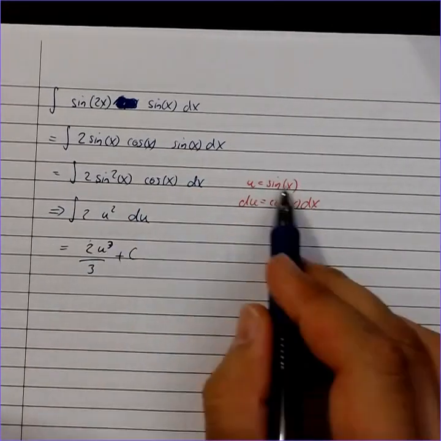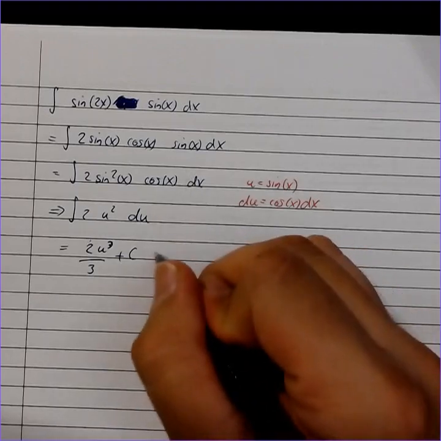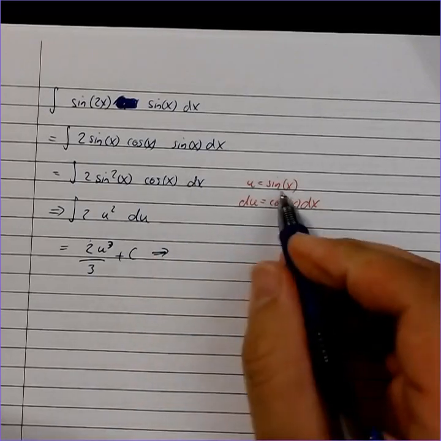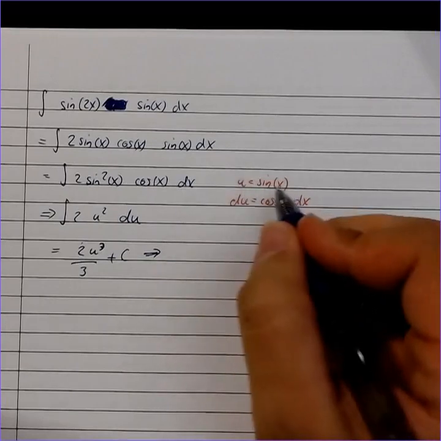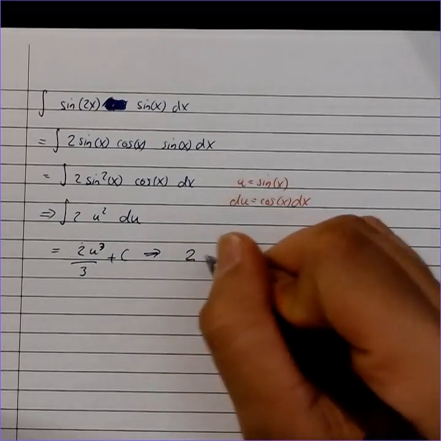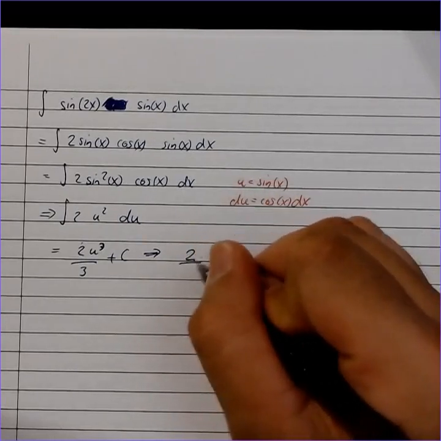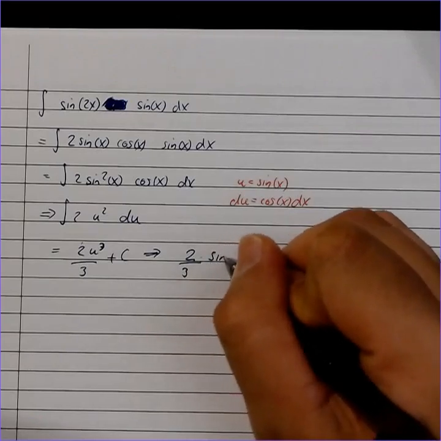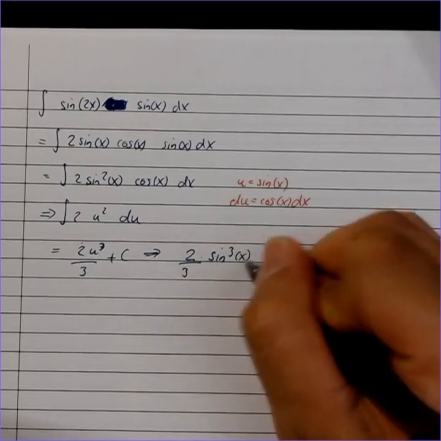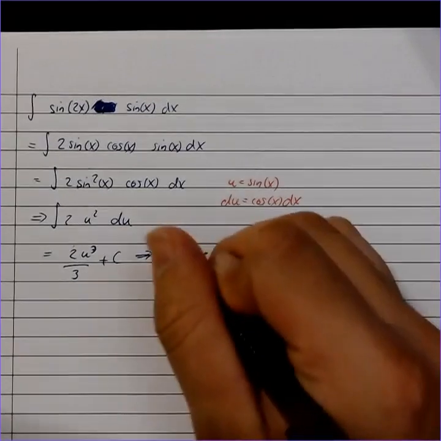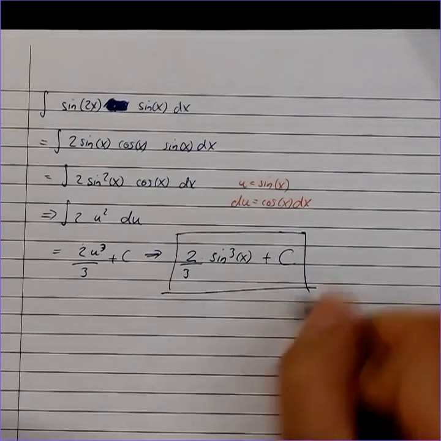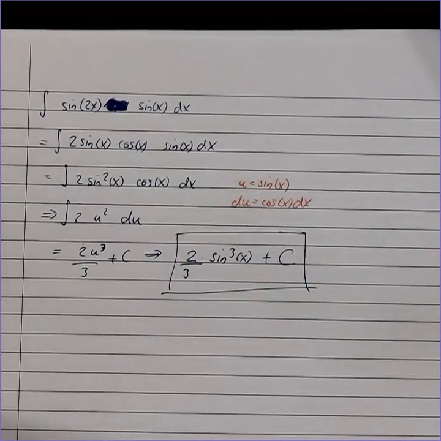And since u is a stand-in for the sine of x, we can now write that in terms of our original trig function, sine of x. So we get 2 thirds sine cubed of x plus that constant of integration that we've all come to know and love. And that's our result. So keep that in mind whenever you have integration involving trig functions.